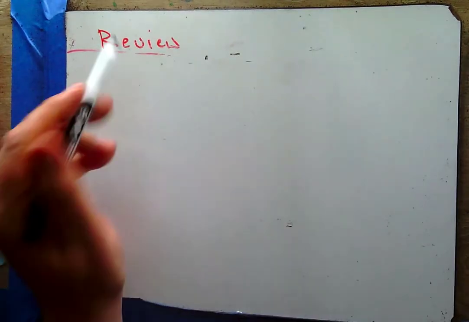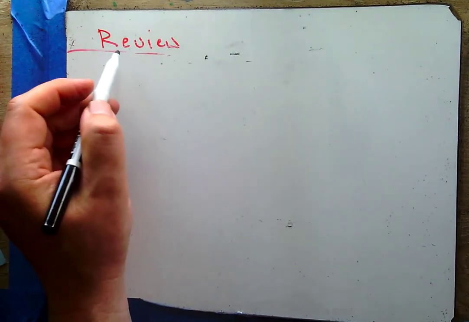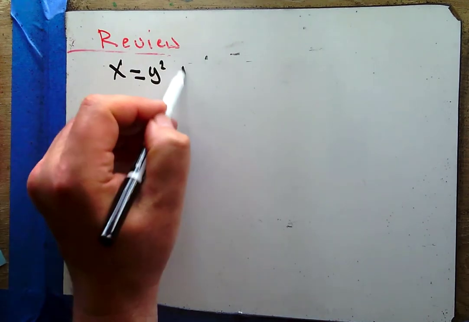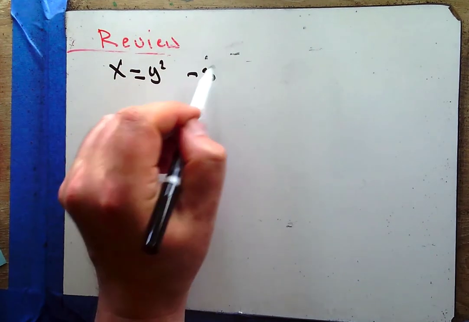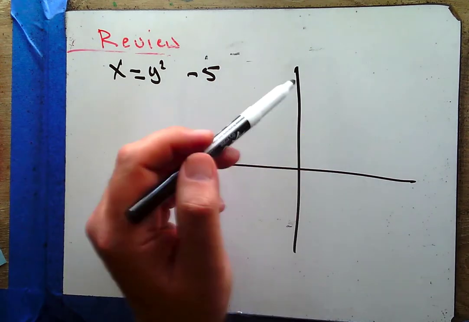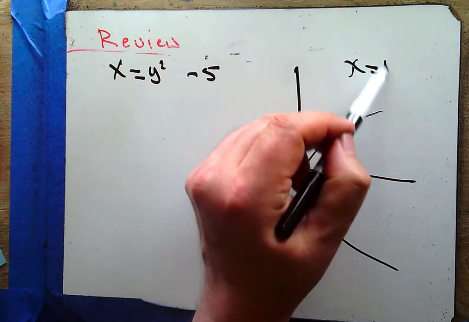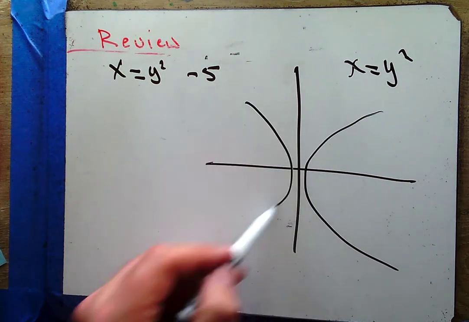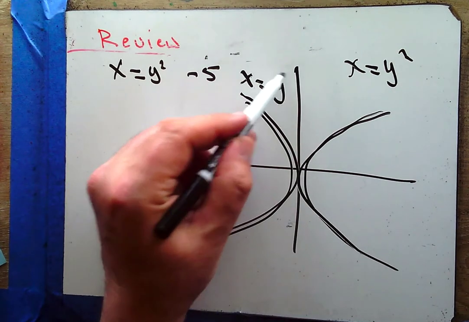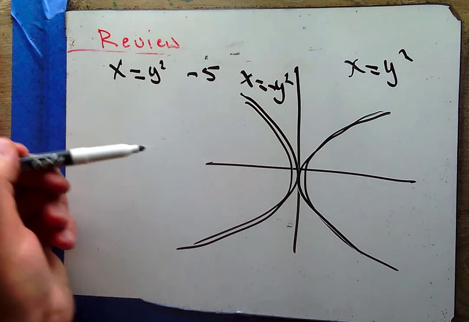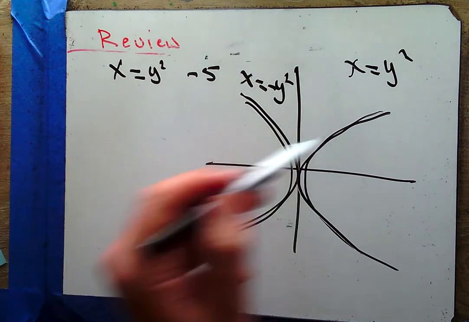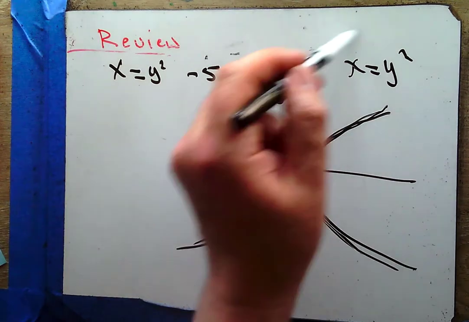So the last method for graphing this, x equals y squared minus 5, is to actually look at the graph sideways. So this is x equals y squared. This is x equals negative y squared. So I'm going to look at the graph from over here. When I look at the graph from over here, I see an upturned parabola.